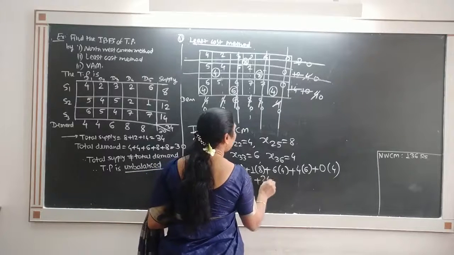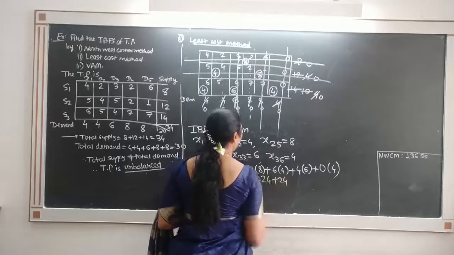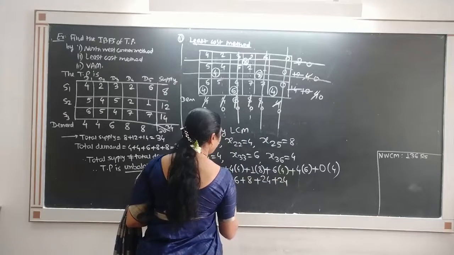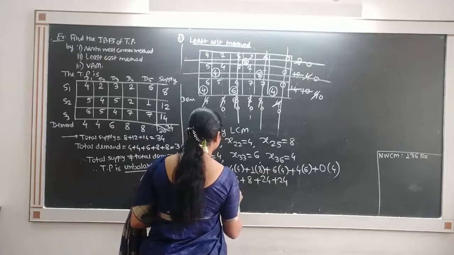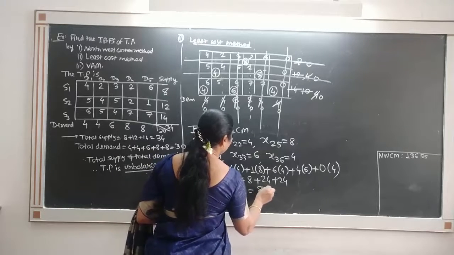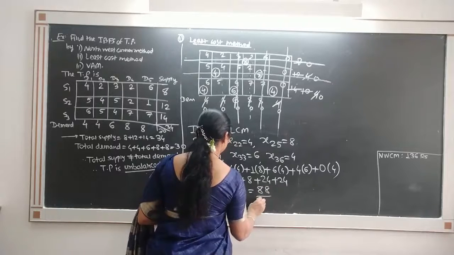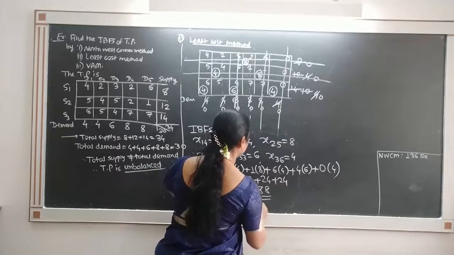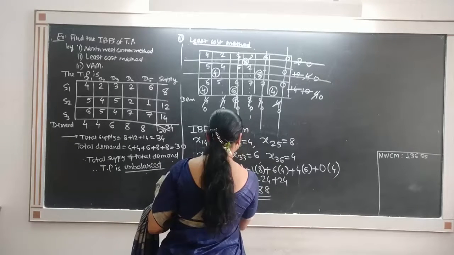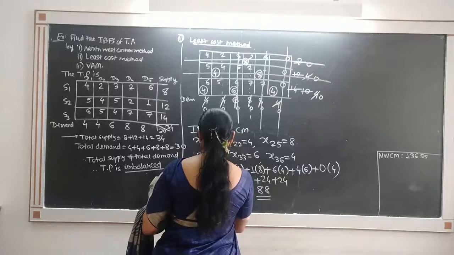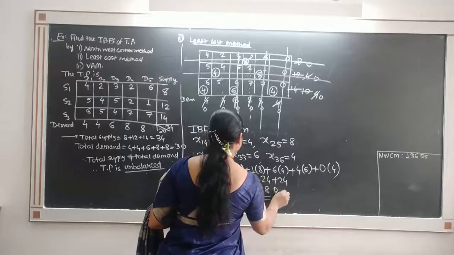8 plus 24 plus 24. This is nothing but 72 plus 16, that is 88 rupees.